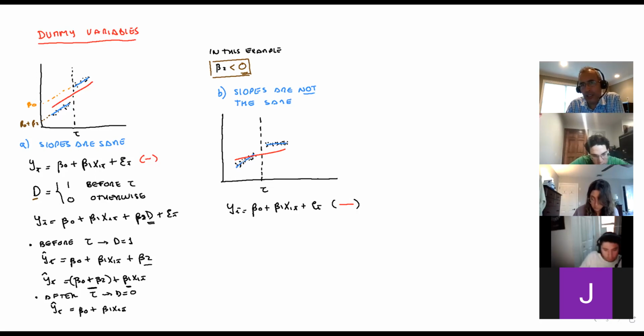How do you create different slopes and different intercepts? What you do, guys, is that again you define your variable d. I don't want to confuse you, so I will define it in the same way: 1 before tau and 0 otherwise, so after tau.